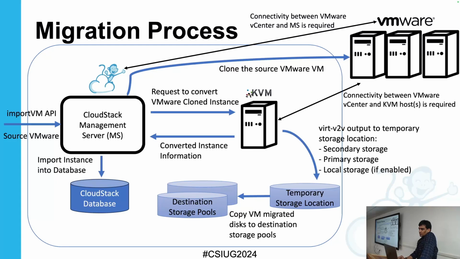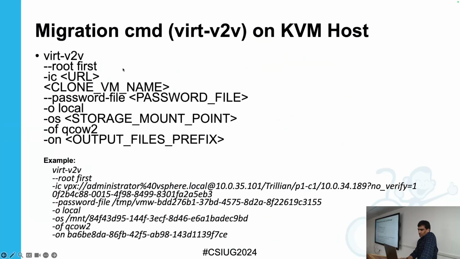And so, the virt-v2v command which is being run in the KVM host, this is the command. The options are: we pass a URL for the vCenter, the clone VM name which is cloned in the vCenter, and then the password file.